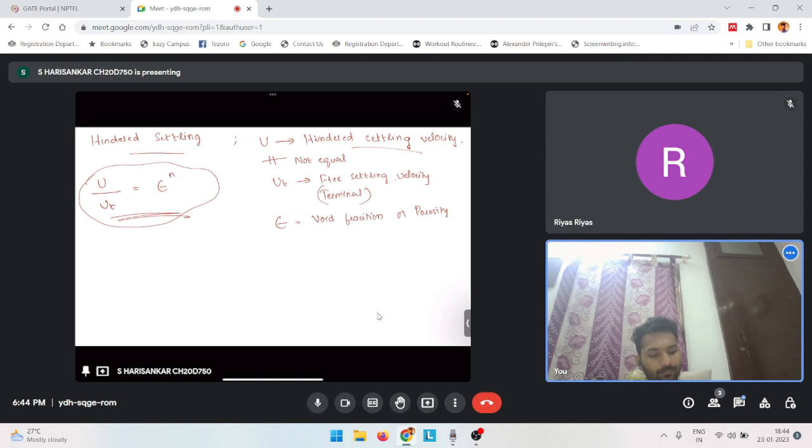You can get epsilon by volume of liquid by volume of suspension. Another definition for this void fraction is void volume by total volume.